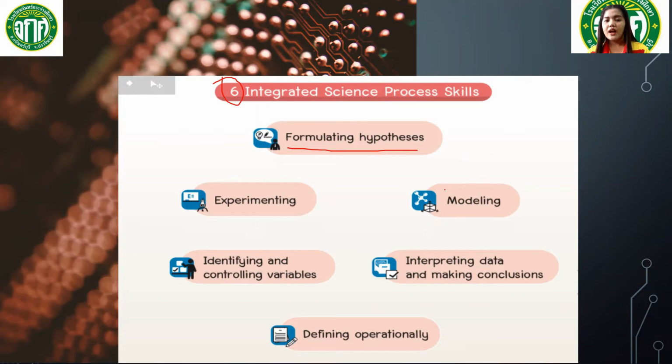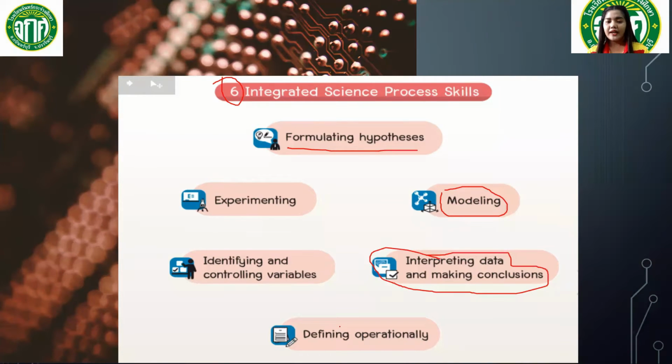Next, we have modeling. The third one is interpreting data and making conclusions.